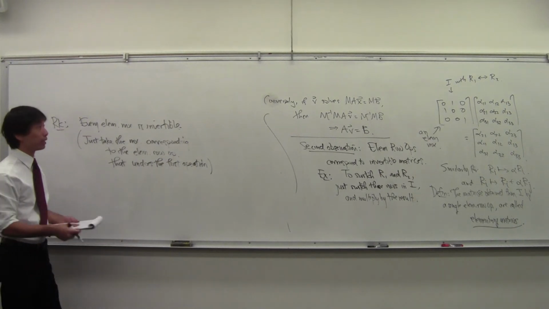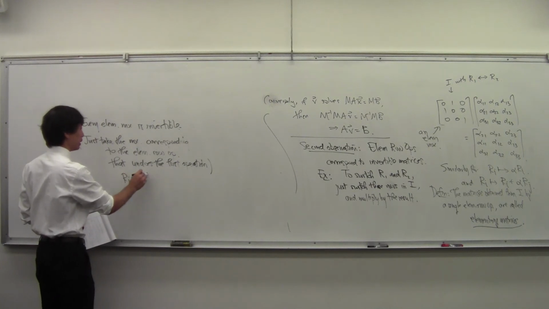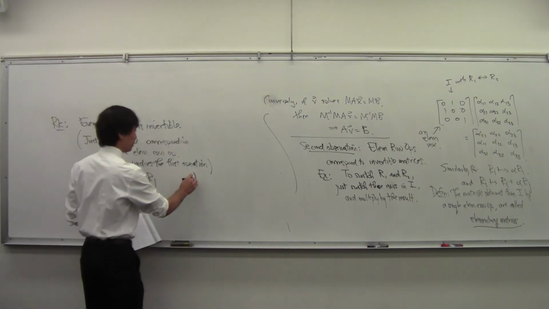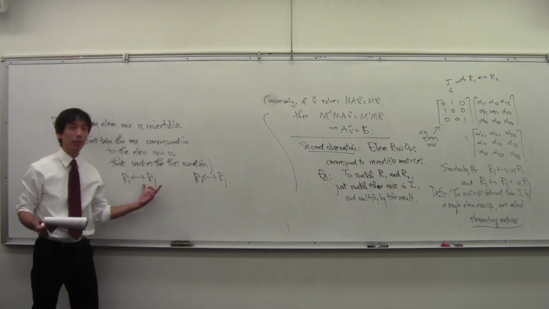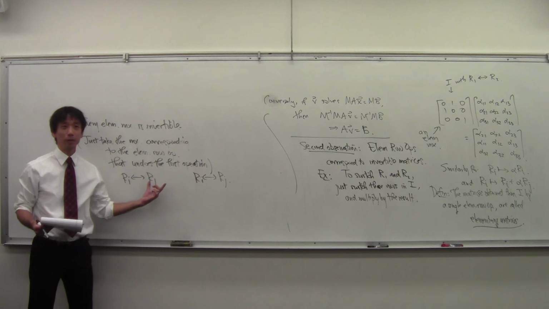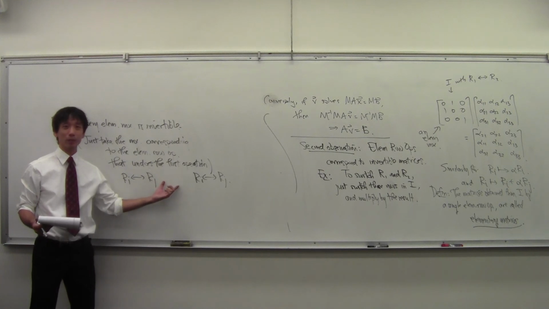Like, if I took one row and I switched it with another row, well then, that operation undoes itself. So just use that same matrix, multiply it by itself, and you get the identity matrix.